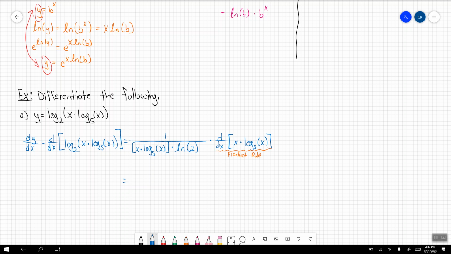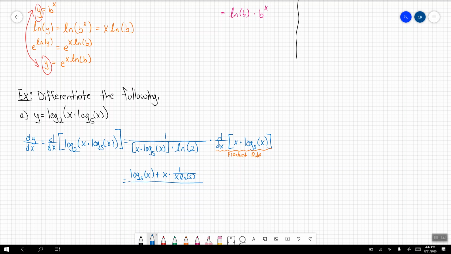Derivative of the first, which is 1, so that's going to be log 5 of x, log base 5 of x, plus the first function, which is x, multiplied by the derivative of the second function, and that's going to be 1 over x times natural log of 5.